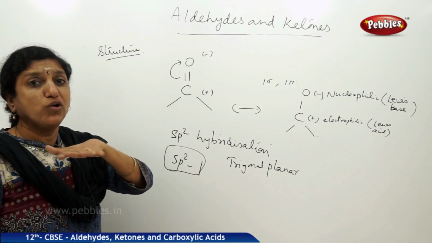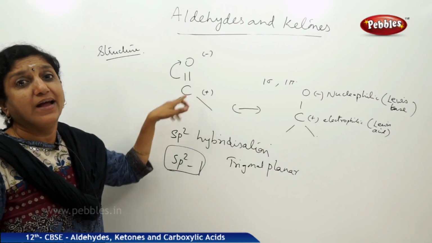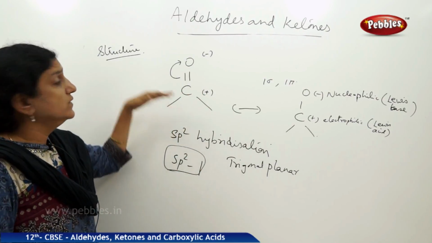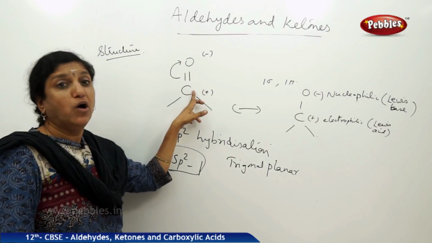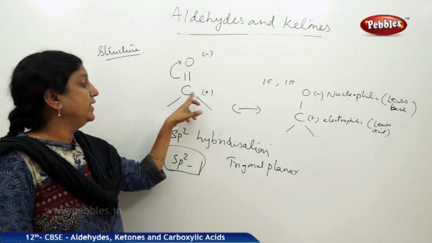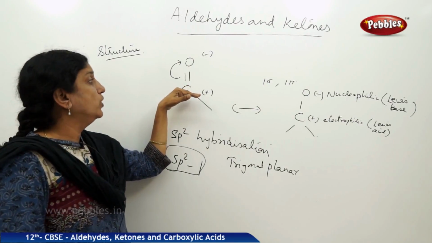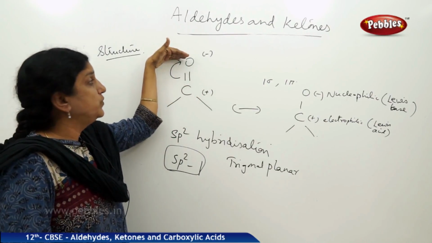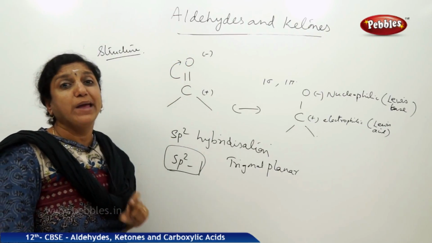So, the sigma bonds would lie in the plane of the 3 atoms and the carbon, whereas the pi electron cloud is formed by the overlap of the pure p orbital which didn't take part in the hybridization of sp2 of carbon. So, that pure p orbital of carbon overlaps with the p orbital of oxygen to give you a pi bond.